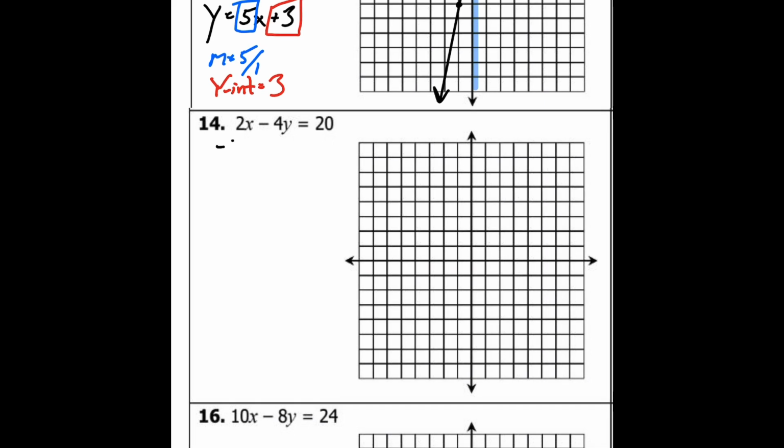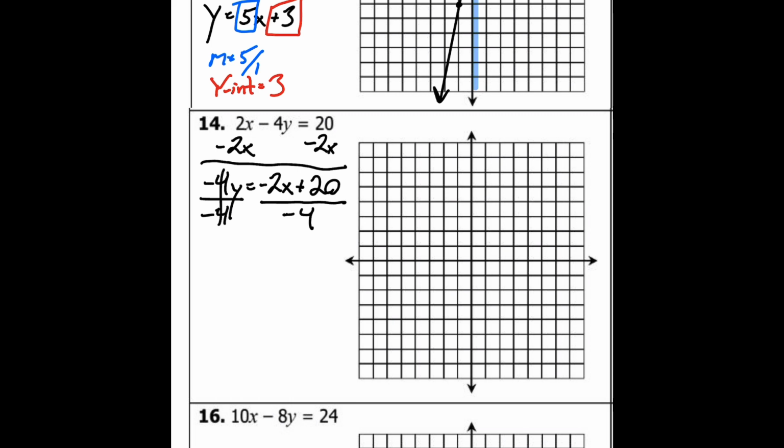I'm going to subtract 2x. I have negative 4y equals, my x term comes first, so negative 2x. My 20 is positive, so plus 20. To get y by itself, I need to divide by negative 4. So I'm going to divide everything on the right by negative 4.